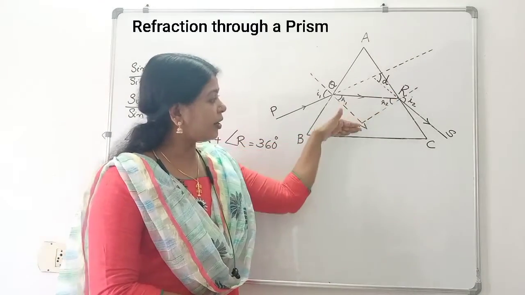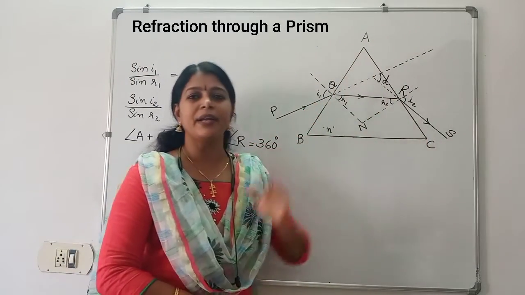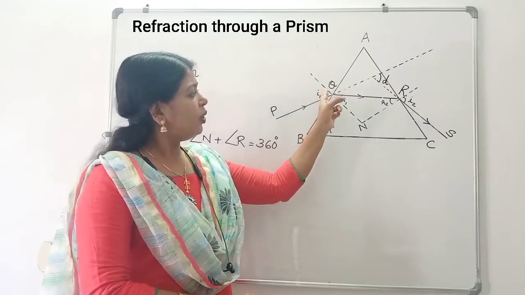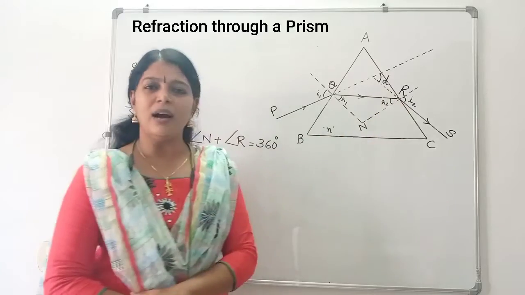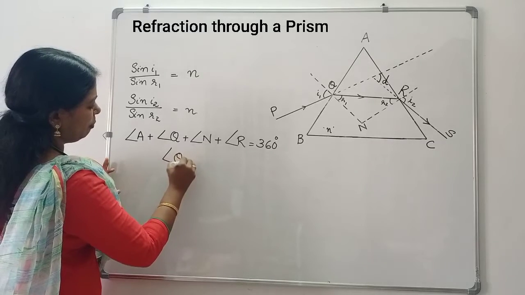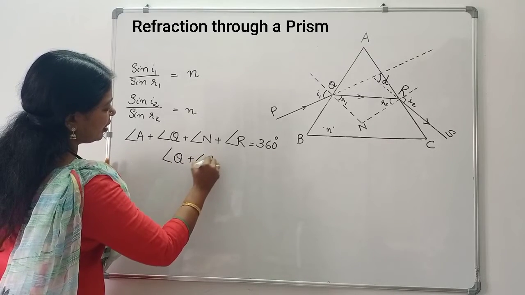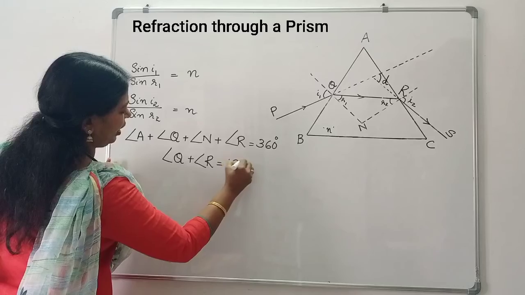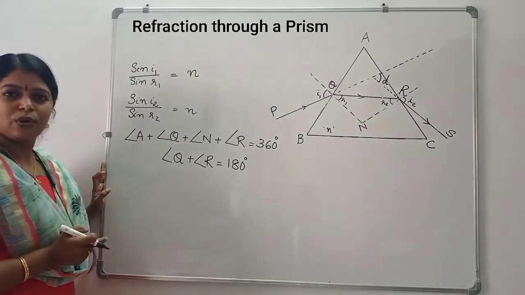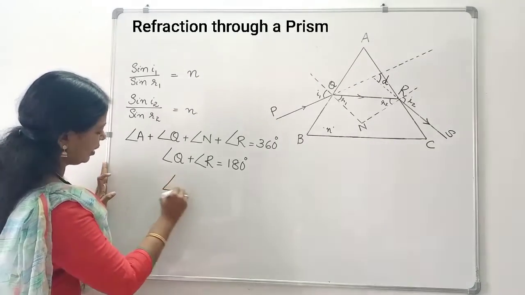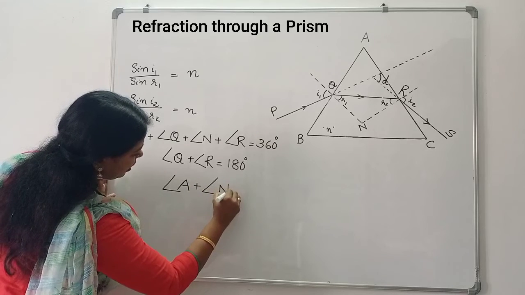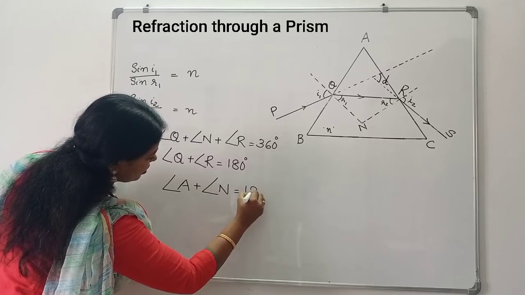Similarly, RN is a normal to the side AC, so this angle is also 90. So angle Q plus angle R is equal to 180 degree. Therefore, angle A plus angle N is equal to 180 degree.